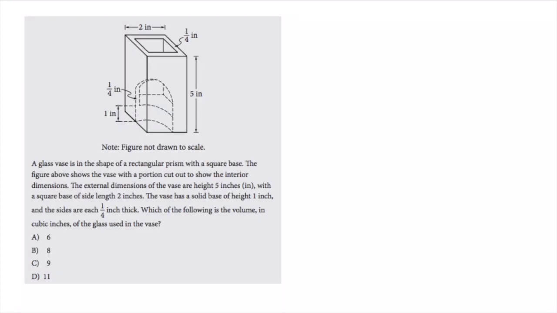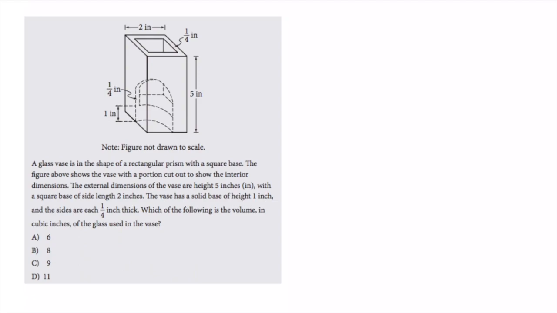Okay, so this question here: a glass vase is in the shape of a rectangular prism with a square base. Okay, the figure above shows the vase, or vase? I'm going to say vase, with a portion cut out to show the interior dimensions.